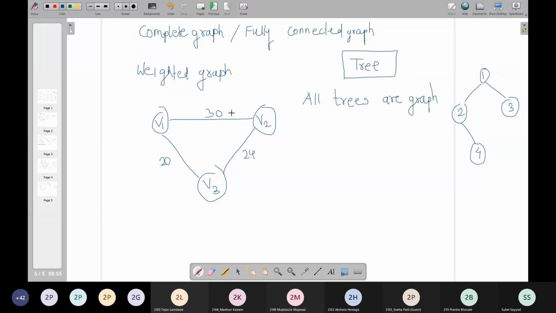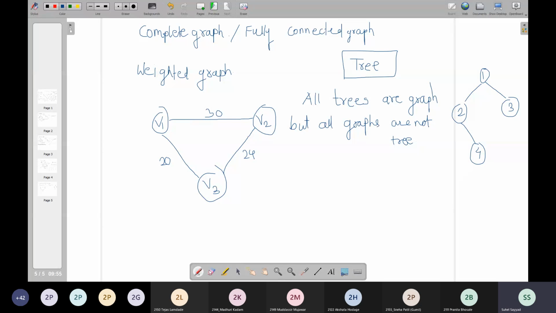So what we can comment over here is: all trees are graph, but all graphs are not tree. Is the statement understood?